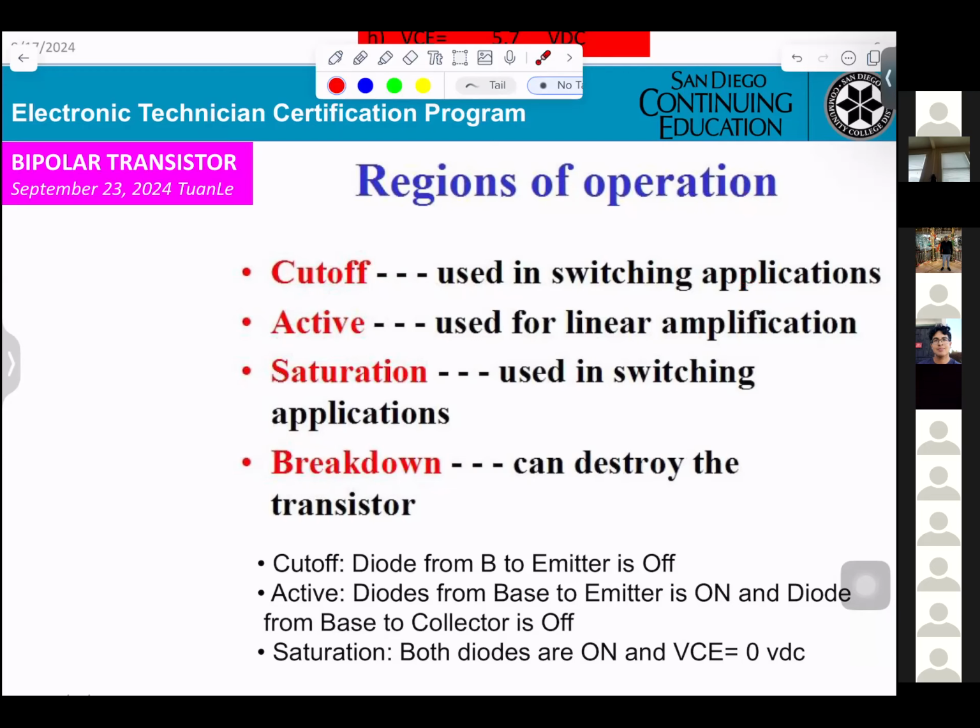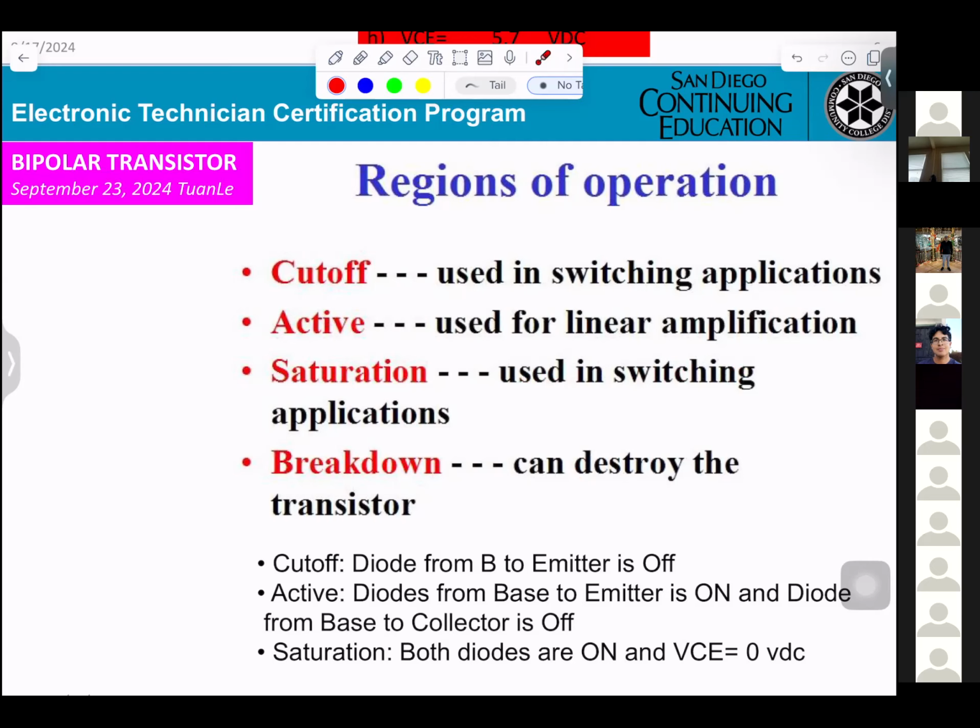Next region will be active. Used for linear amplification, that means they're using it as an amplifier, to amplify the signal. And the next one, saturation. Same thing, used like in the switching application, that means either on or off. Breakdown can destroy the transistor.